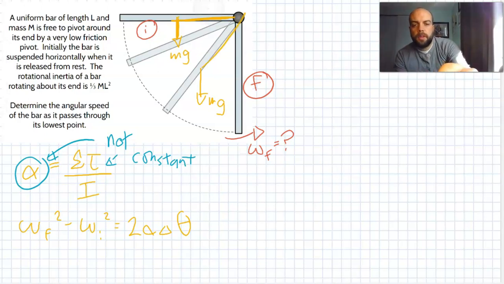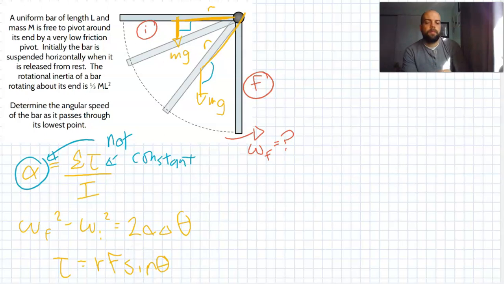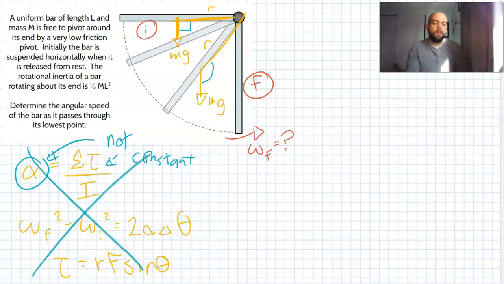Now if I measure between the radius and the force, what before was a 90-degree angle now appears to be greater than 90 degrees. And that's going to change our torque, because of course torque is R times F times sine theta. So not only do we want to know how to solve this problem, we want to be aware of how not to solve this problem and why that approach won't work.